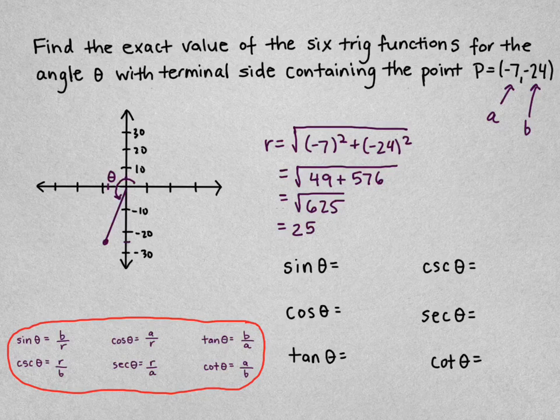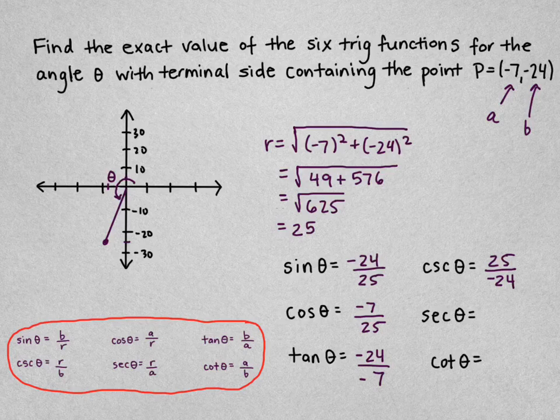So we'll get that sine is B over R, so B is -24, and R is 25. Cosine is A over R, so A is -7, R is 25. And tangent is B over A, so -24 over -7. And now I can flip all of these values to find the reciprocals of these functions. So secant, the reciprocal of cosine, will be 25 over -7.